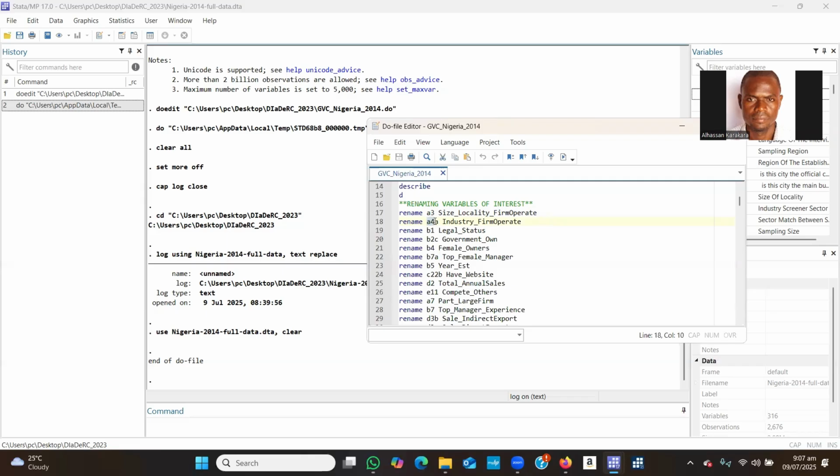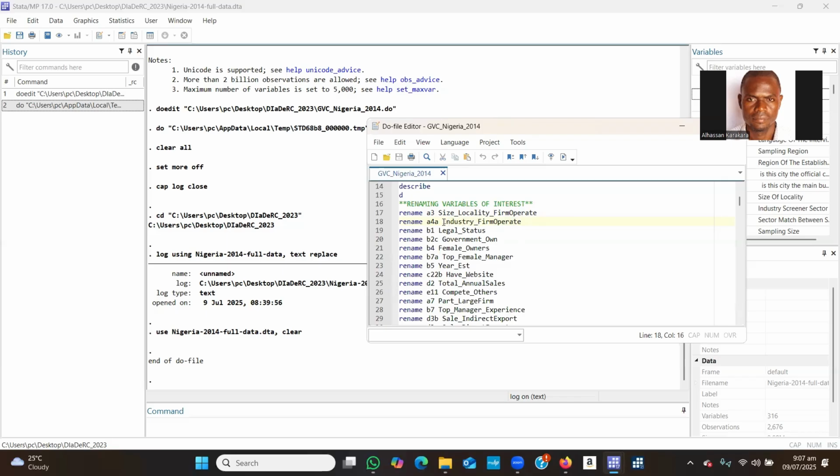Then the variable A4A is talking about the industry in which the firm operates, whether in manufacturing or services. So I'll just capture it as industry_firm_operate, with the underscore after the industry.